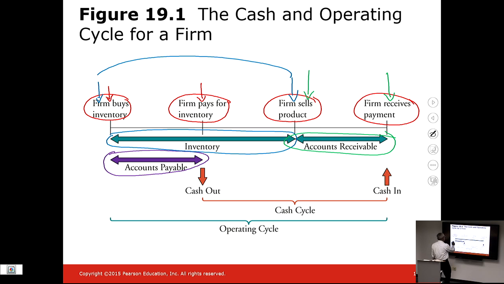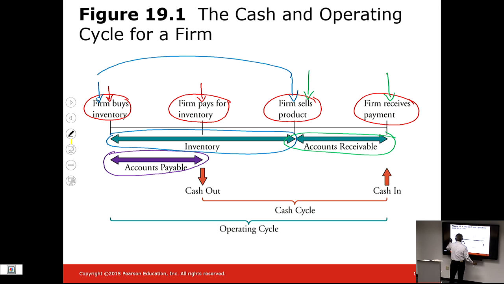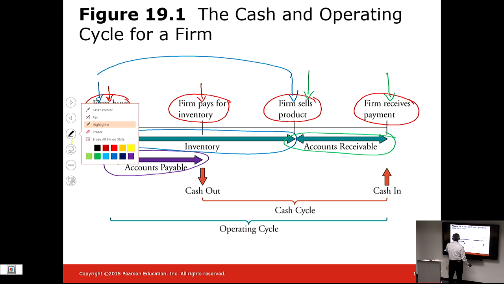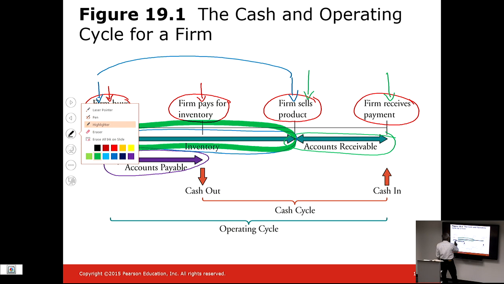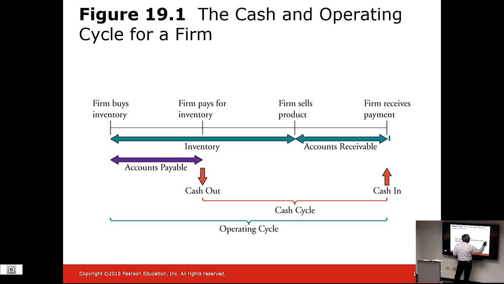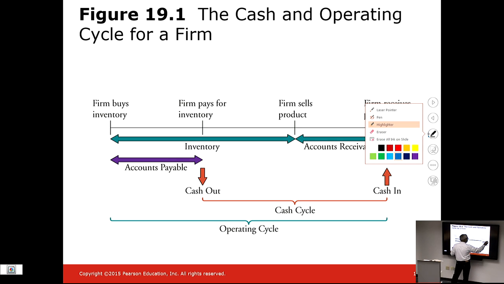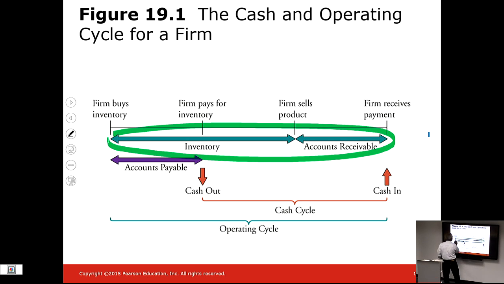So what are we doing? We are adding these two, inventory and accounts receivable, and then from that we are subtracting accounts payable.